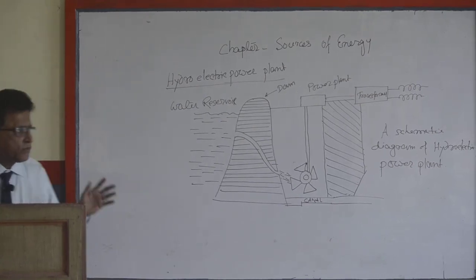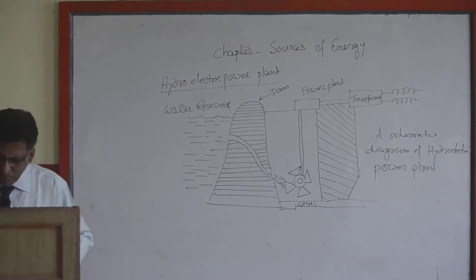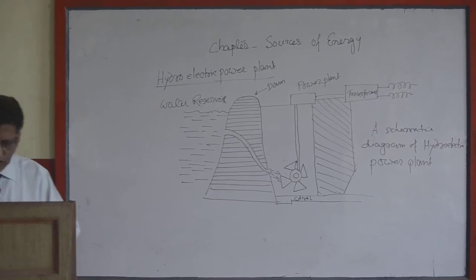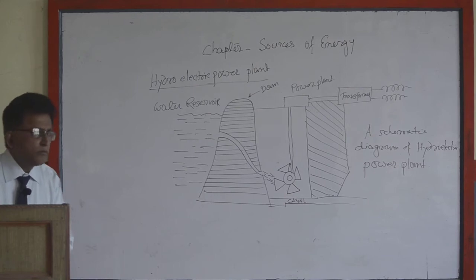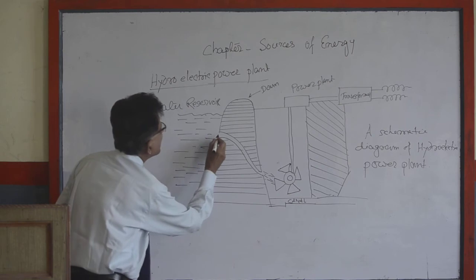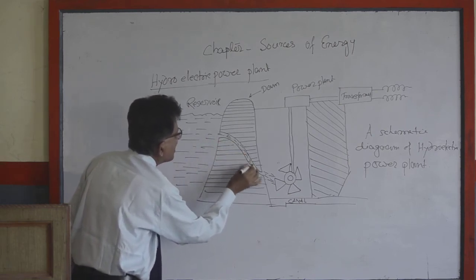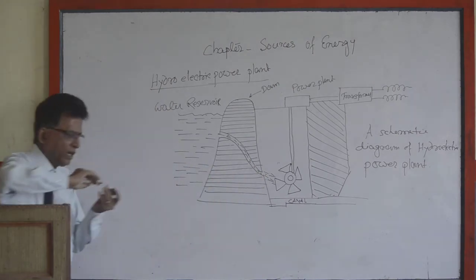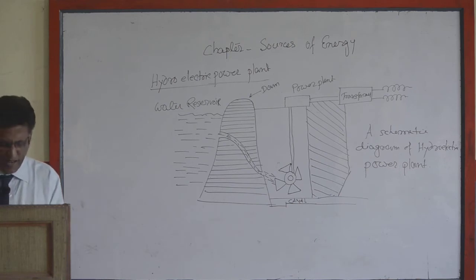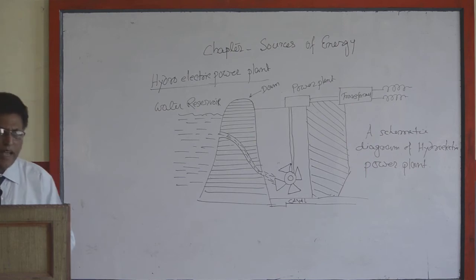The energy of stored water in the dam is potential energy. The water in a dam is allowed to fall on the turbine. As a result of this, the turbine rotates.